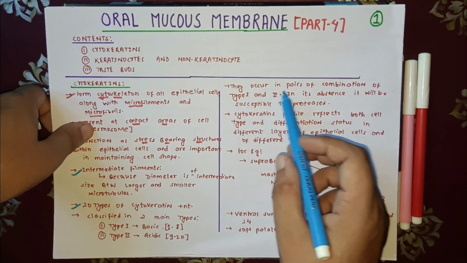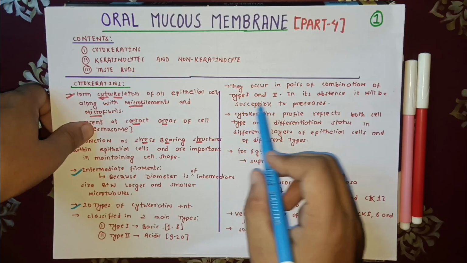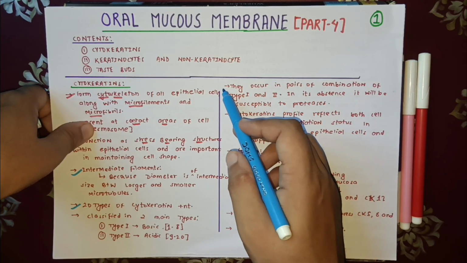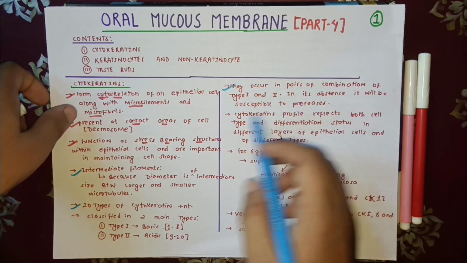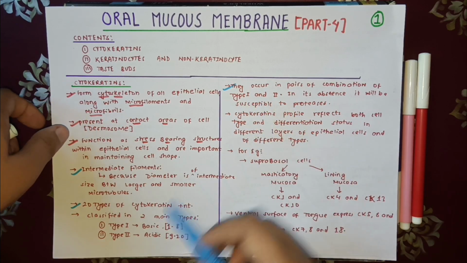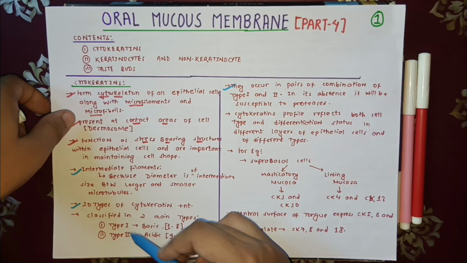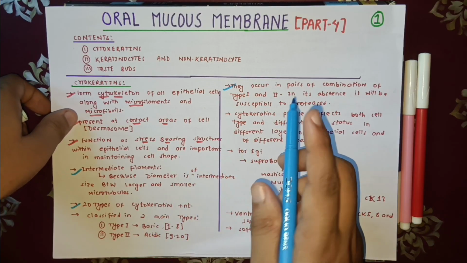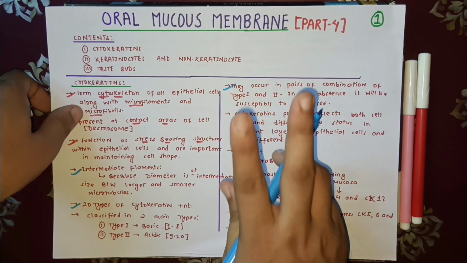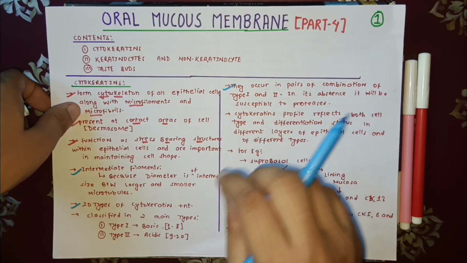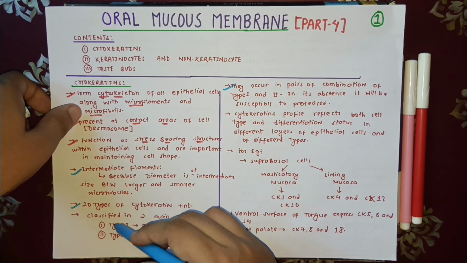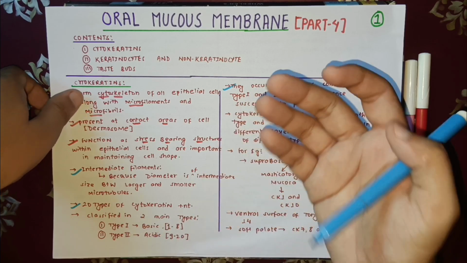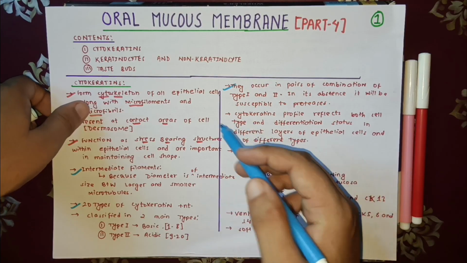After that, they occur in pairs, a combination of type 1 and type 2. In its absence it will be susceptible to the proteases. This is a very important point you should remember. There must be a pair of both types, one cytokeratin from type 1 and one from type 2, meaning one basic and one acidic.